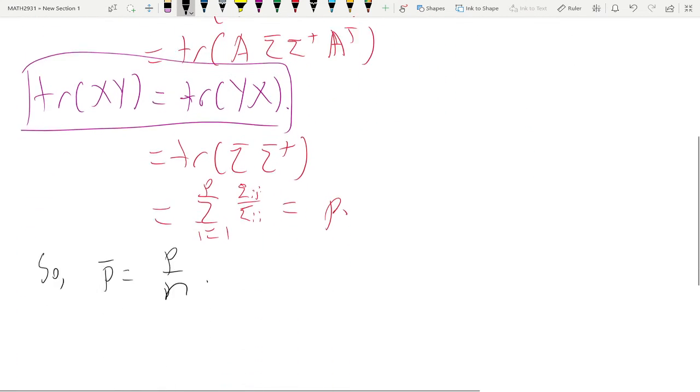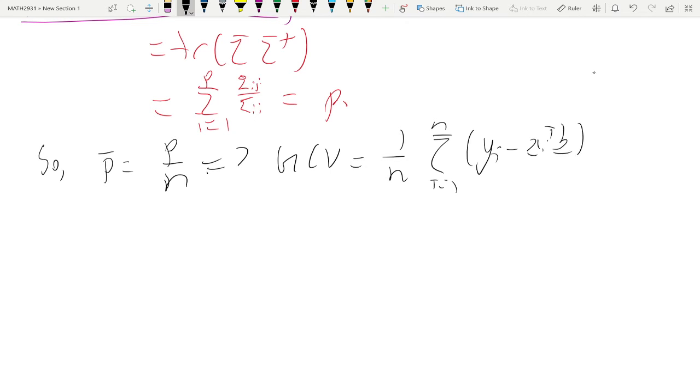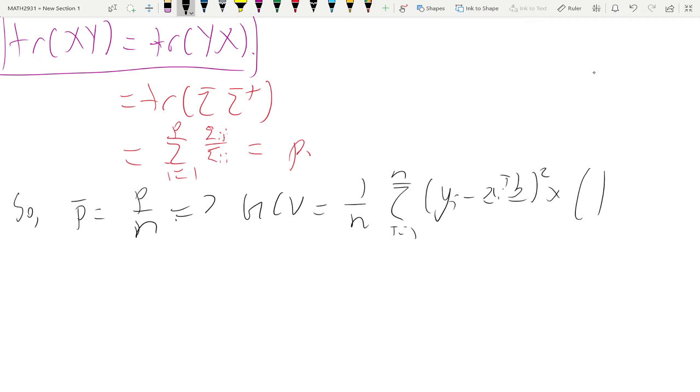We just found the trace, so we just divide by n. So that means the generalized cross validation is equal to 1 on n, sum of (yi minus xi transpose b) squared, times 1 over (1 minus p on n) squared, right, because it's in the denominator.